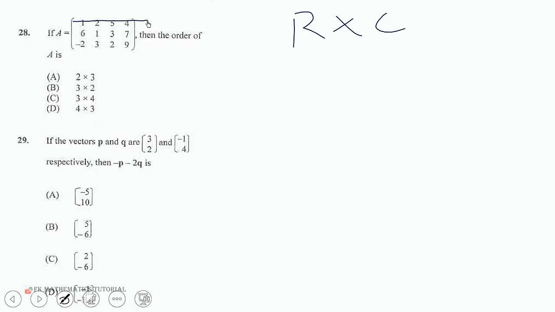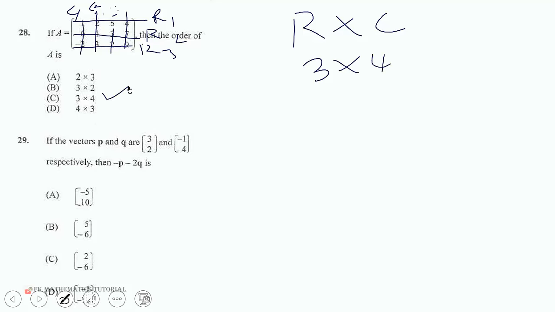So the rows are 1, 2, 3: row 1, row 2, row 3. The columns are 1, 2, 3, 4: column 1, column 2, column 3, column 4. So we will get 3 rows, 4 columns. So it is a 3 by 4 matrix.